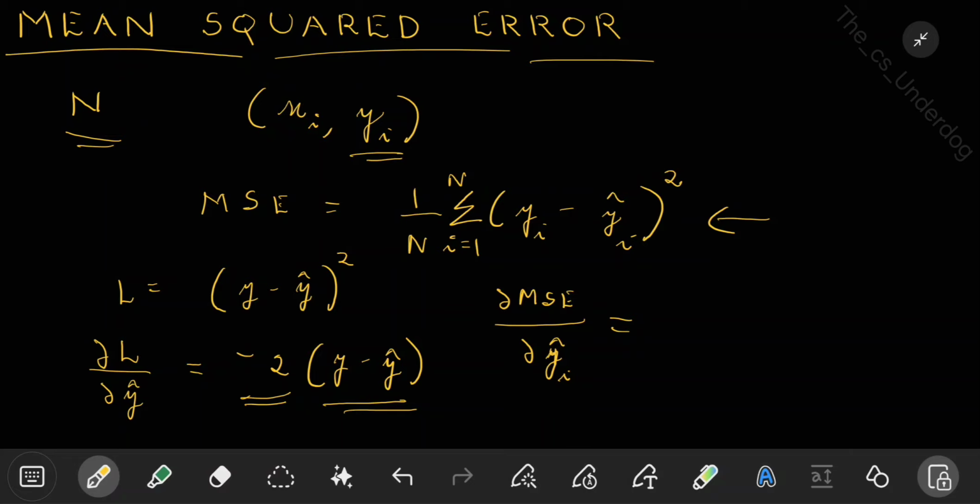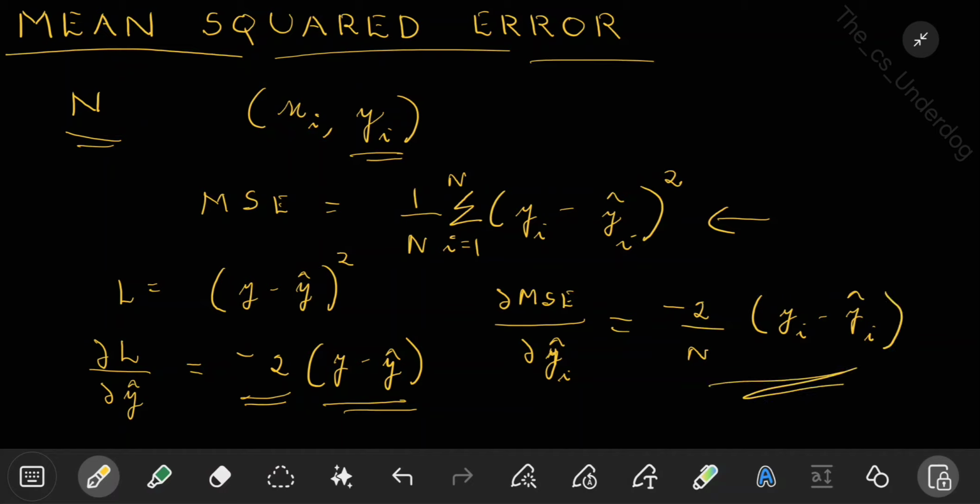That term has a minus sign on the yi cap, which means when I take the gradient, this 2 will come out. So minus 2 by n into yi minus yi cap. This will be the gradient of the total MSE.